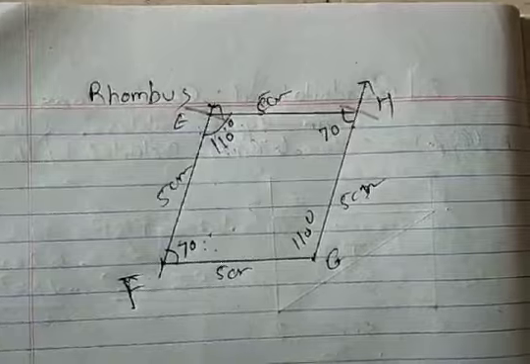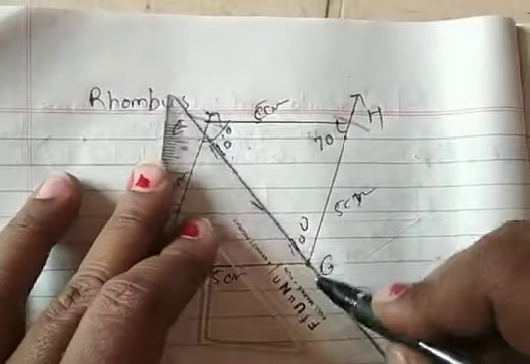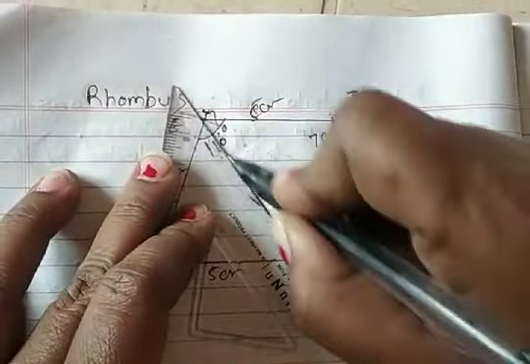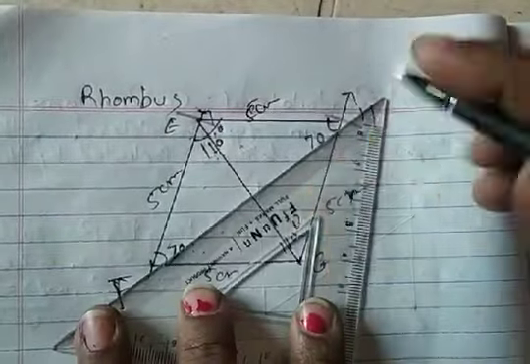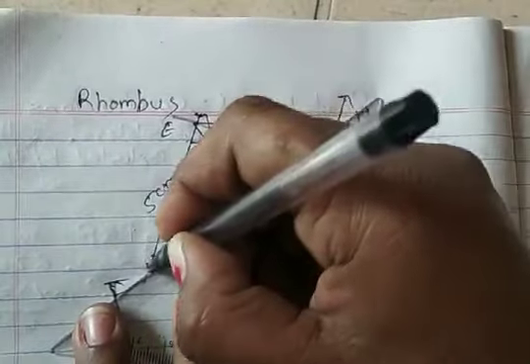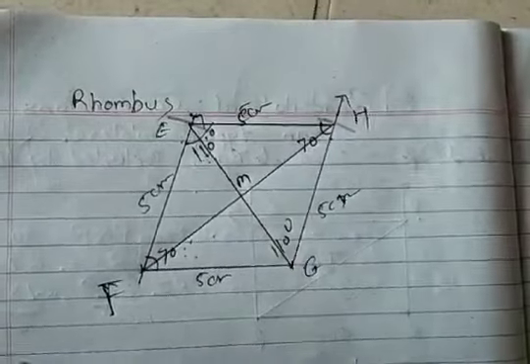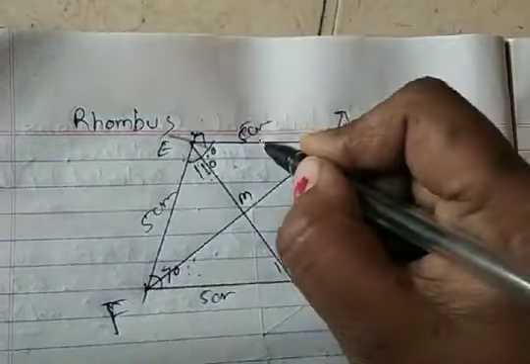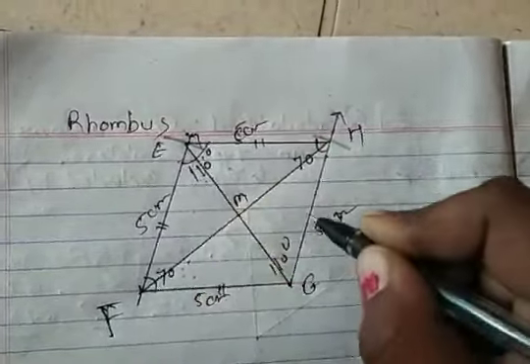Now what is given here, we have to draw the diagonals of it. So I will draw the diagonals, and these diagonals intersect each other at point M. You know these sides are congruent to each other.